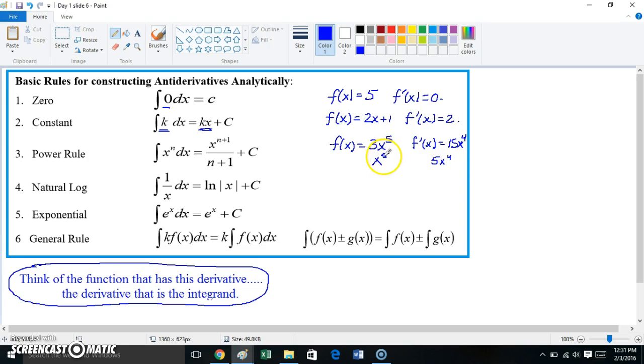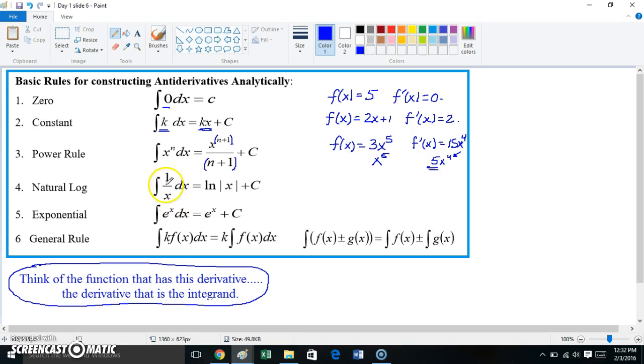So if I want to undo the power rule, I'm going to increase the exponent by 1, and I'm going to divide by the new exponent. So here we go. The integral of x to the n is x to the n plus 1 over n plus 1. We increase the power by 1, and we divide by that new exponent.